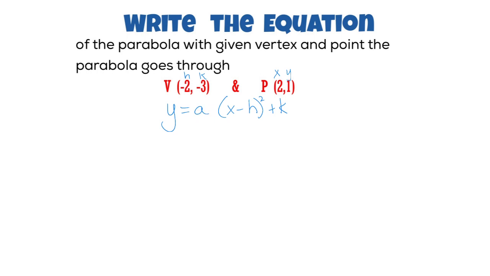All right, so the y value here would be a 1. I don't know a. The x is a 2 minus -2. Don't forget this squared. So many people forget that squared. It is a quadratic, so don't forget that. And then your k is a -3. All right, so do some order of operations here.